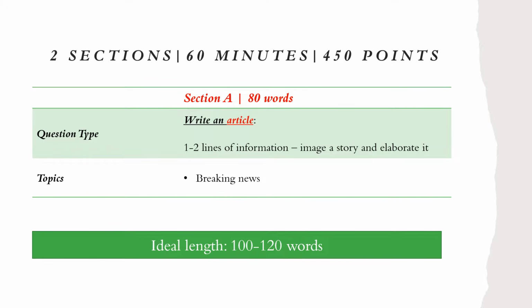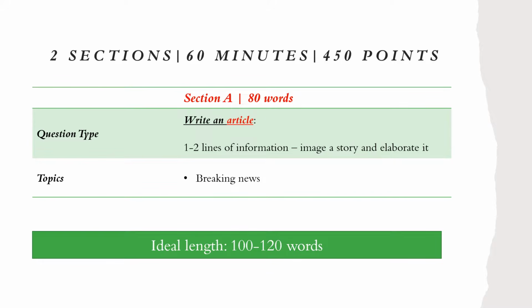You have to write 80 words, but it is advisable not to go beyond 100 to 120 words because you also need to spare some time for section B, which has a higher weightage. And also, when the limit is 80 words, we should really not go beyond 100 and we should not mention information which is really not required. We'll talk more about the structure in a second.